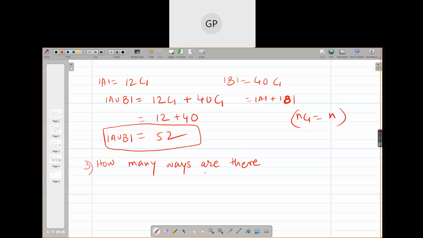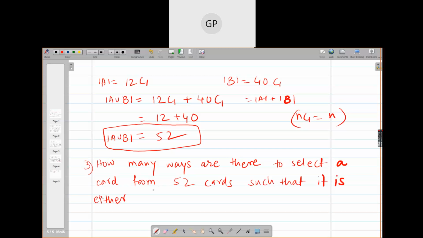How many ways are there to select a card from 52 cards such that it contains either a red card or a black card. I'm taking very simple examples. Okay.